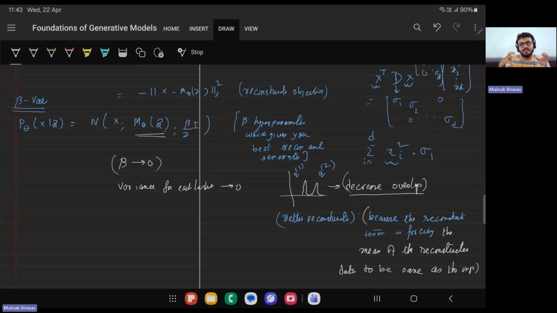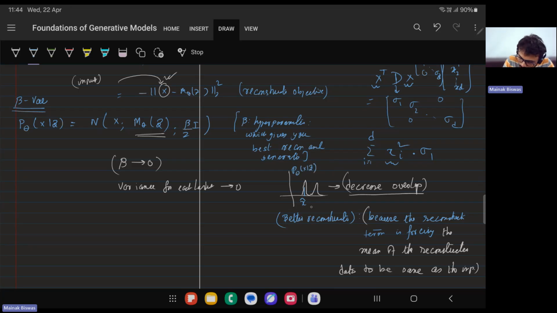Because we are minimizing the variance, we are having this reconstruction term, which is making the model learn a reconstruction that will make it equal to the input data X. So if I make beta very, very small, then you're saying that your data may be somewhere here, and your p theta of x given z may be somewhere here.